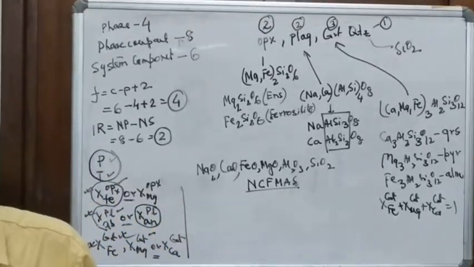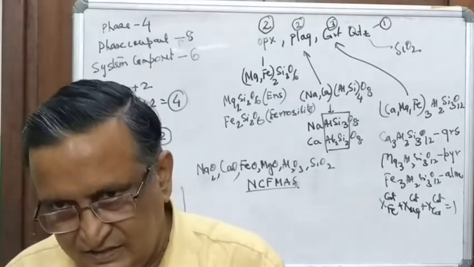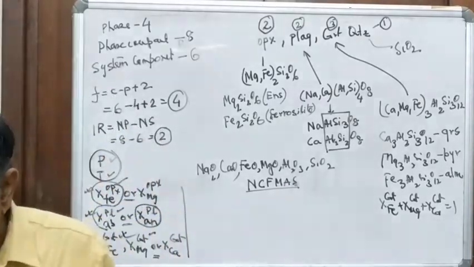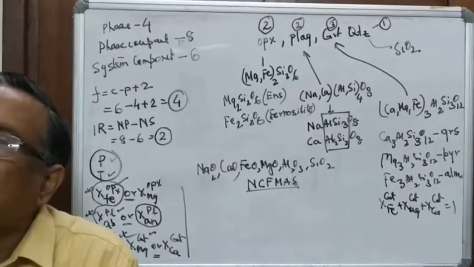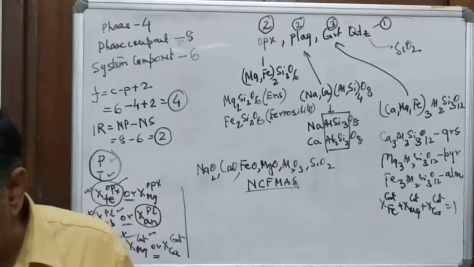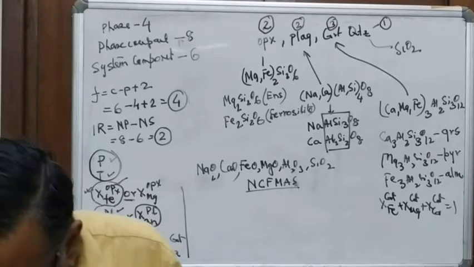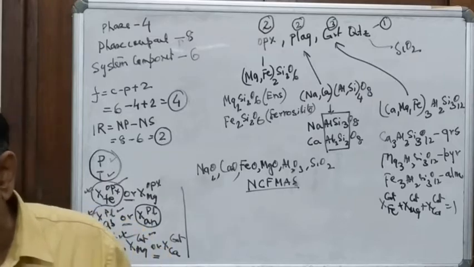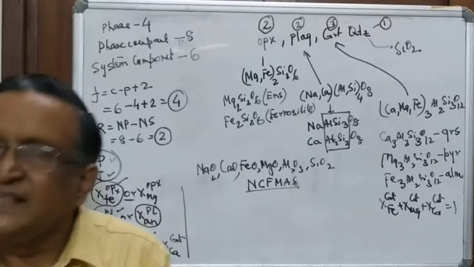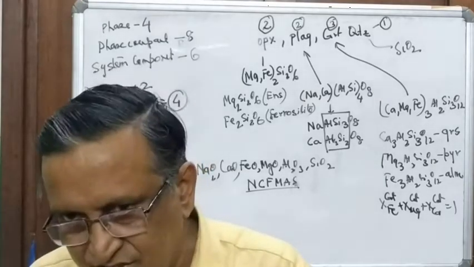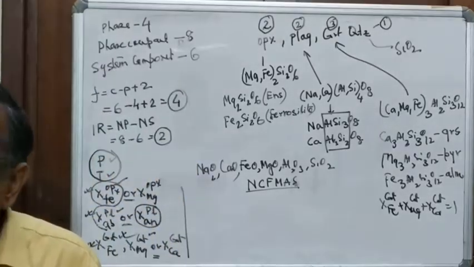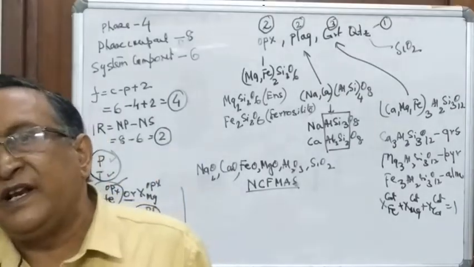There is a buildup. So what do you do? You coat it with carbon. Because carbon is a very good electrical conductor, once you hit the beam, the whole current is distributed. Have you understood? That is why carbon cannot be analyzed. But if you use gold coating on that, you can also analyze carbon.